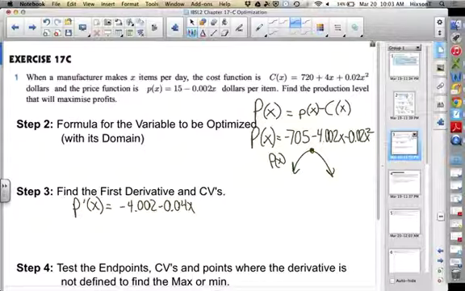I want the critical value where that equals 0. So if I have negative 4.002 minus 0.04x equals 0, what do we end up getting?